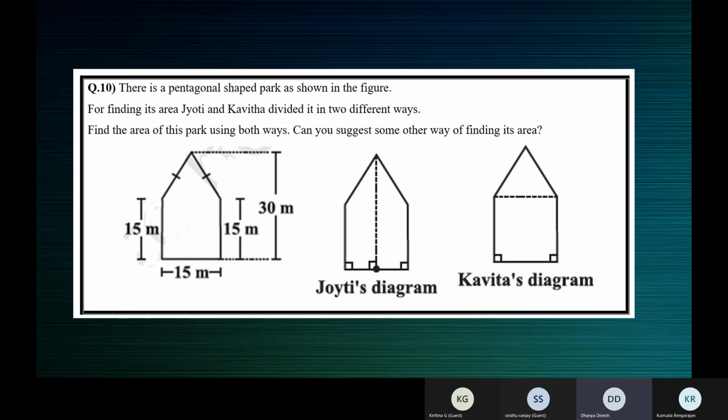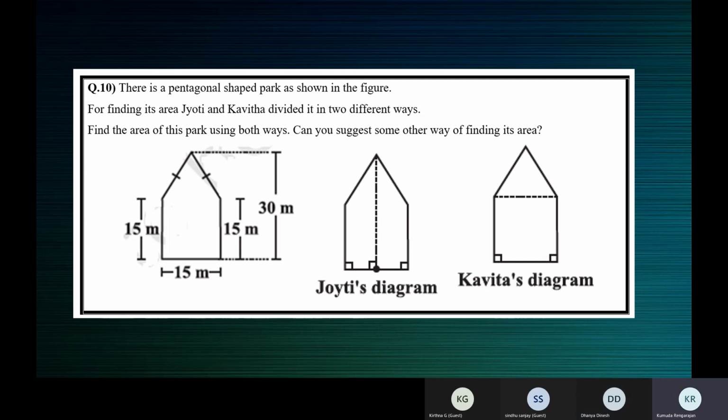Yes, ma'am. So how has Jyoti divided the pentagonal shaped park? What are the two plane figures there? They are two trapeziums, ma'am. Very good. What are the lengths of the parallel sides? 30 and 15, ma'am. Very good.